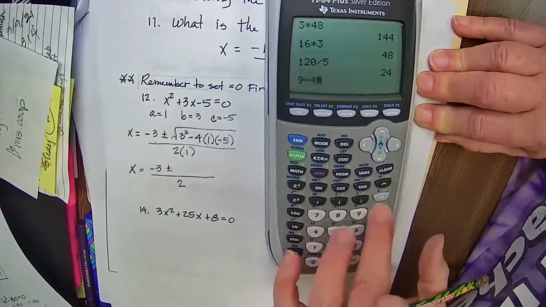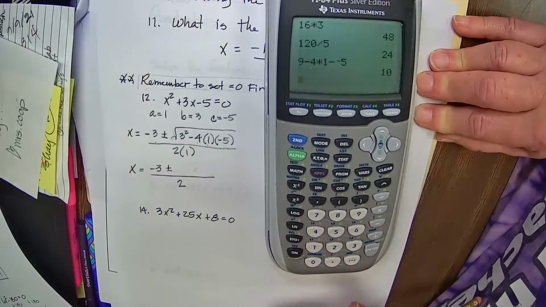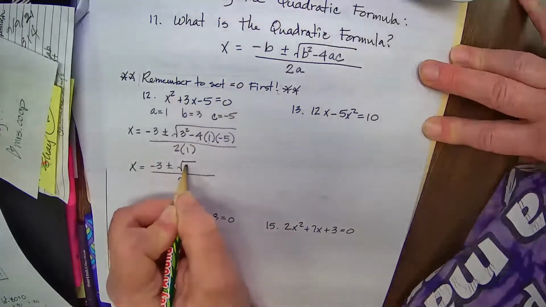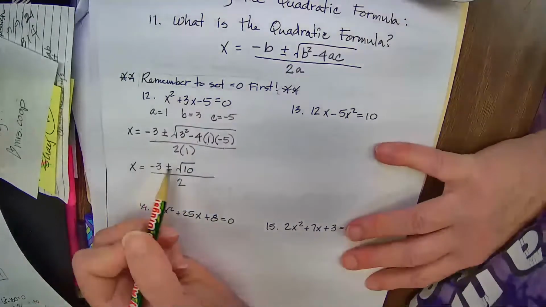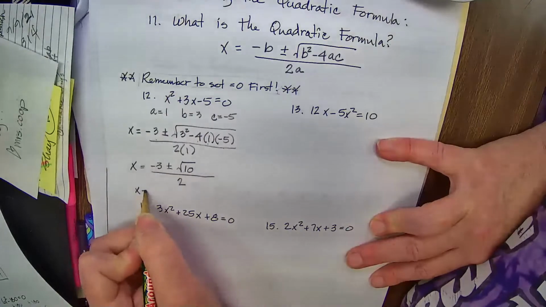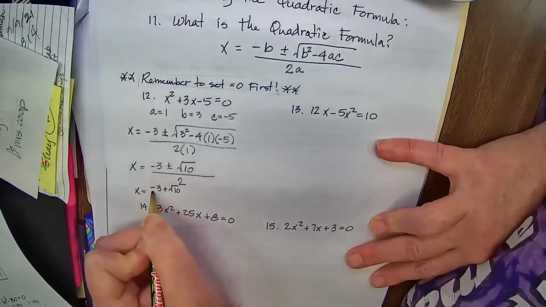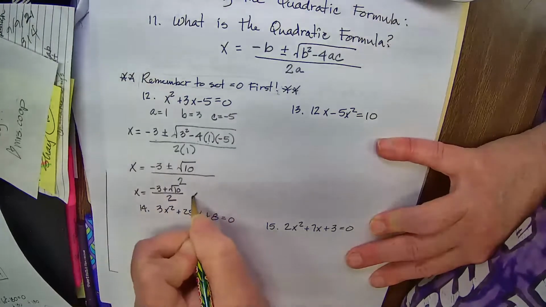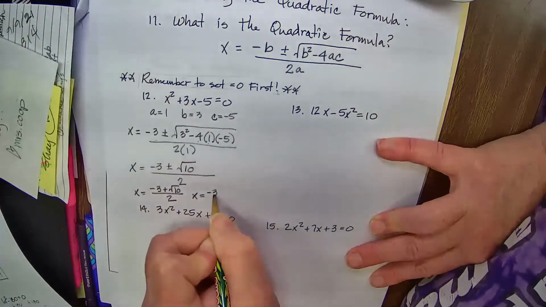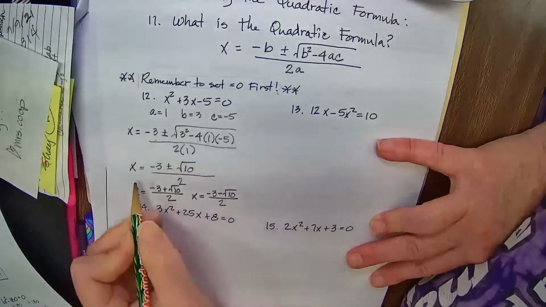It's the square root of 10. 10 only goes to 5 and 2, so it's not going to simplify. So your two answers are x equals negative 3 plus the square root of 10 over 2, and x equals negative 3 minus the square root of 10 over 2.